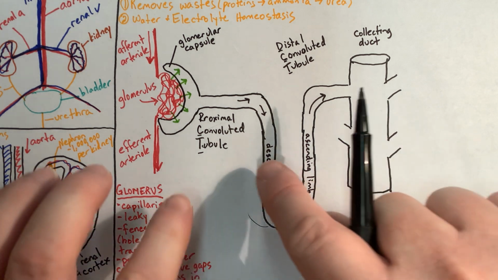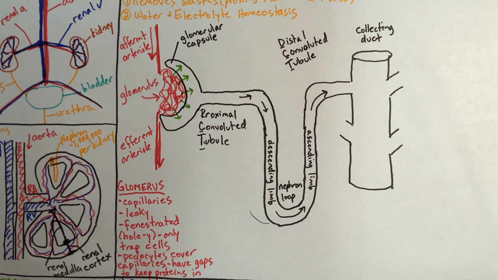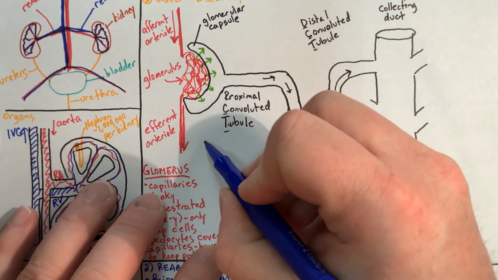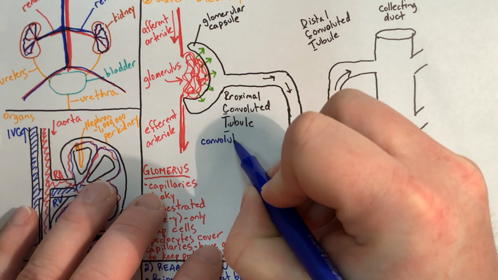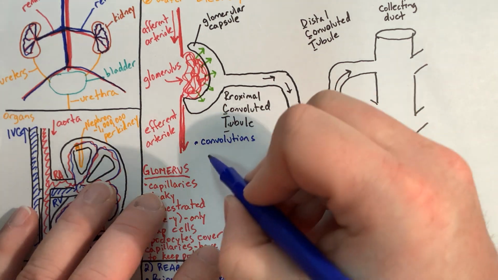All right, let's talk about some specializations of the proximal convoluted tubule, because that's really big. This is a cool form follows function. So those convolutions, or twists and turns, do a lot of things.